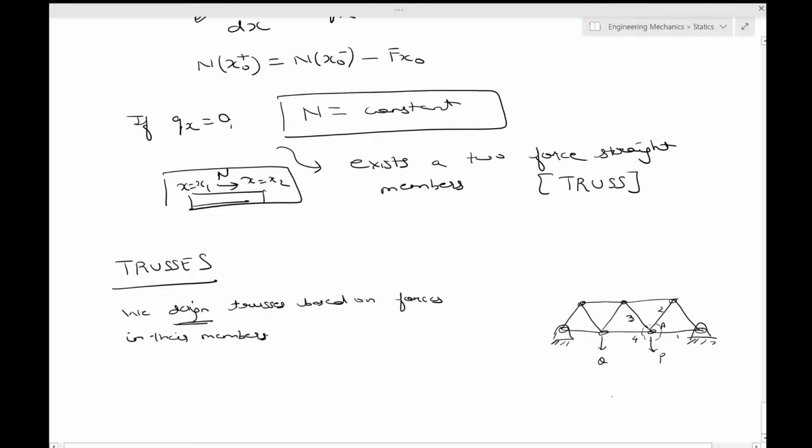So what you have in this diagram is a bridge truss. You can also have a tower truss that just goes vertically up. You may have seen it around you.